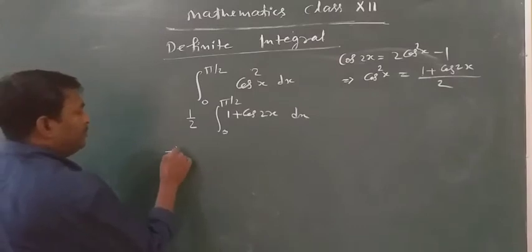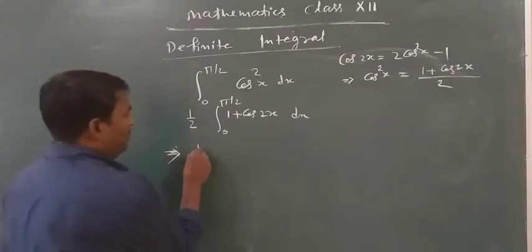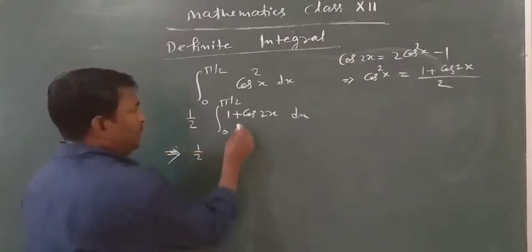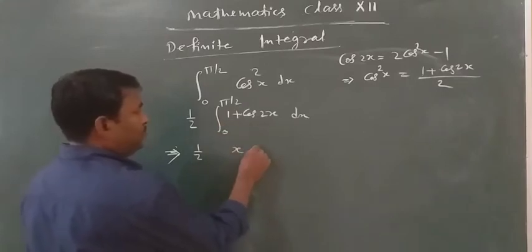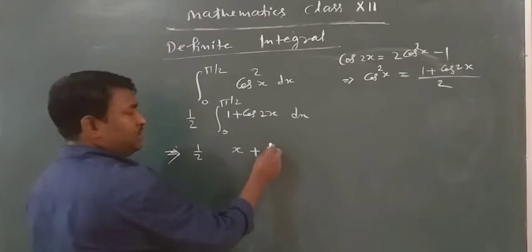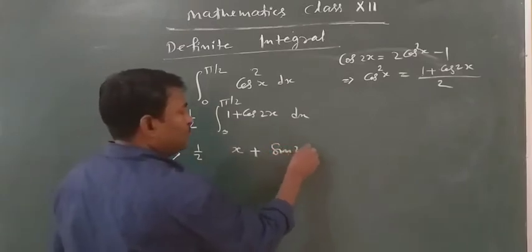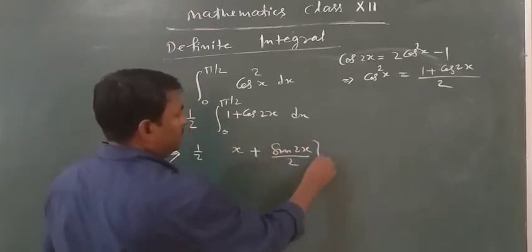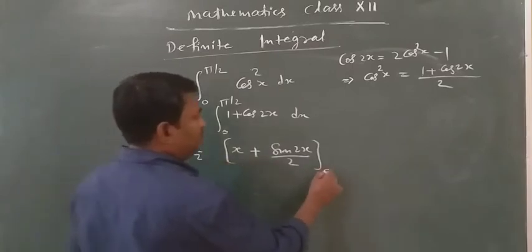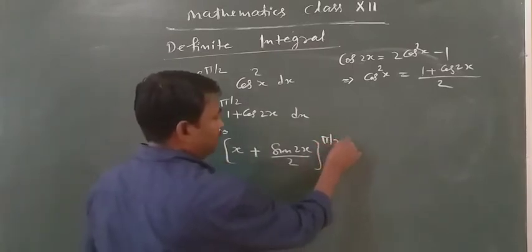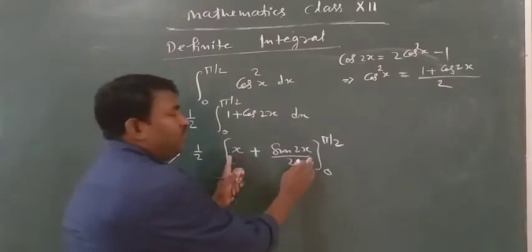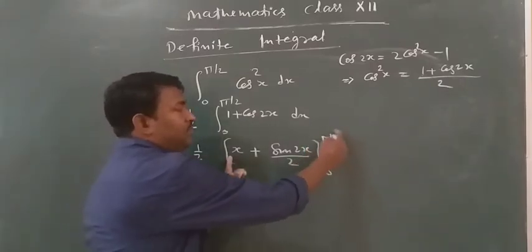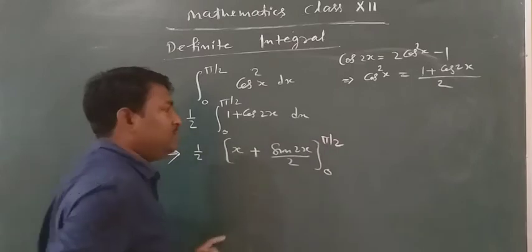Now it implies 1 by 2, here the integration of 1 is x plus the integration of cos 2x is sin 2x by 2. Now put the limit 0 to pi by 2. In the whole function, first you need to put the upper limit.